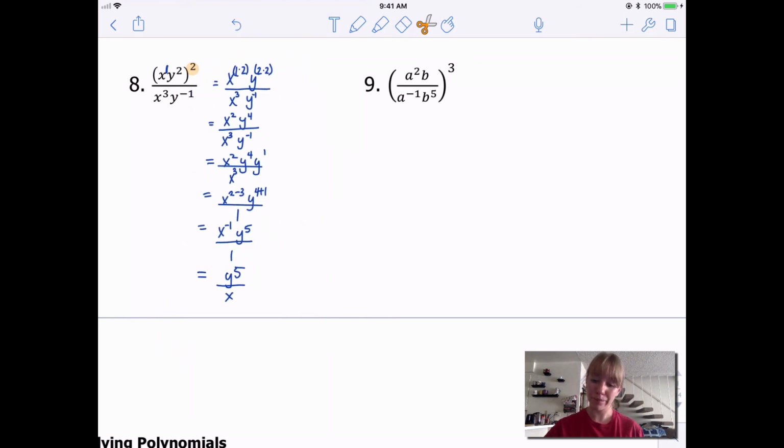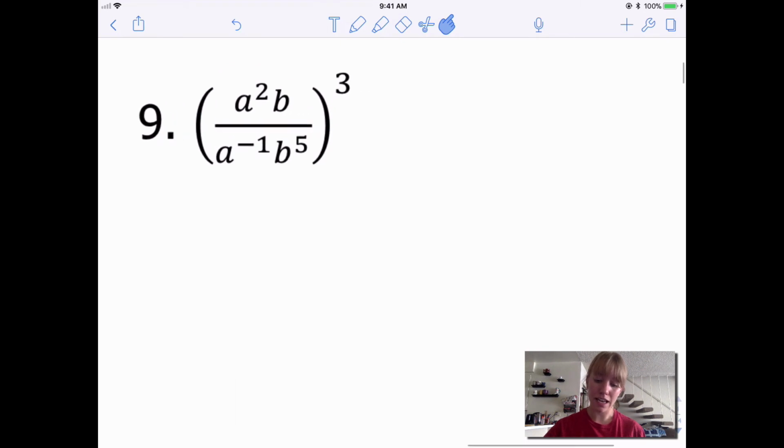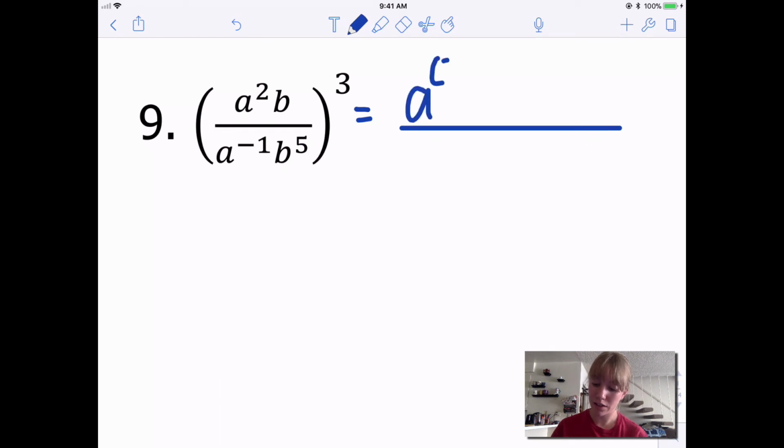Okay, we got one more. Number 9 says, I've got a whole expression all raised to the 3rd power. I know that that 3rd power has to be applied to every single piece inside of my parentheses. So I'm going to go ahead and just do all of that first. Numerator first, I have a to the 2 times 3, b to the 1 times 3, because that 1 is really on my b for my exponent.